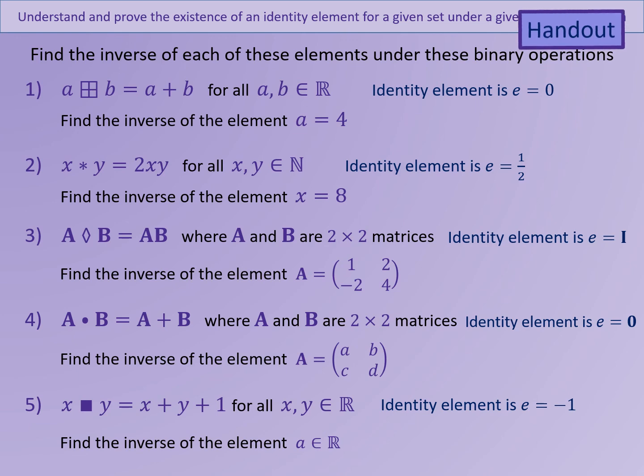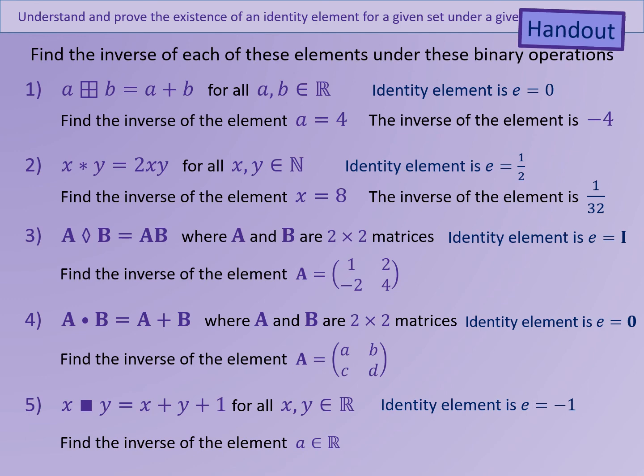So the inverse of a, which is 4, would be minus 4, so that 4 plus minus 4 gives an answer of 0. For the second one, the identity element has been given as a half. We want to find the inverse of x equals 8. So the inverse will be 1 over 32, so that when 8 and 1 over 32 have the operation performed on them, the answer is a half.